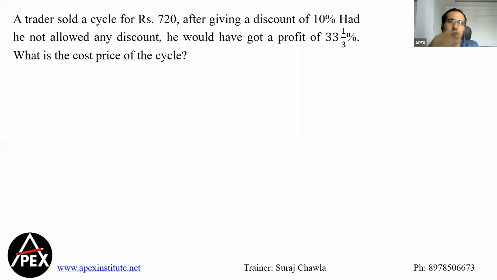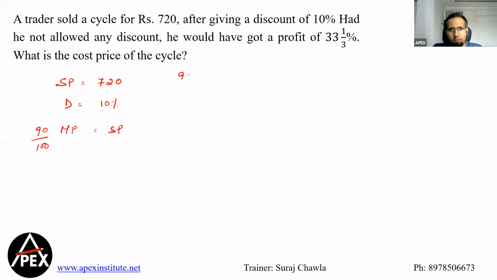Let's solve this question, please. A trader sold a cycle for rupees 720 after giving a discount of 10%. Let's do it together. So selling price is equal to 720 and there's a discount of 10%. So I know that 90% of my mark price is equal to selling price.